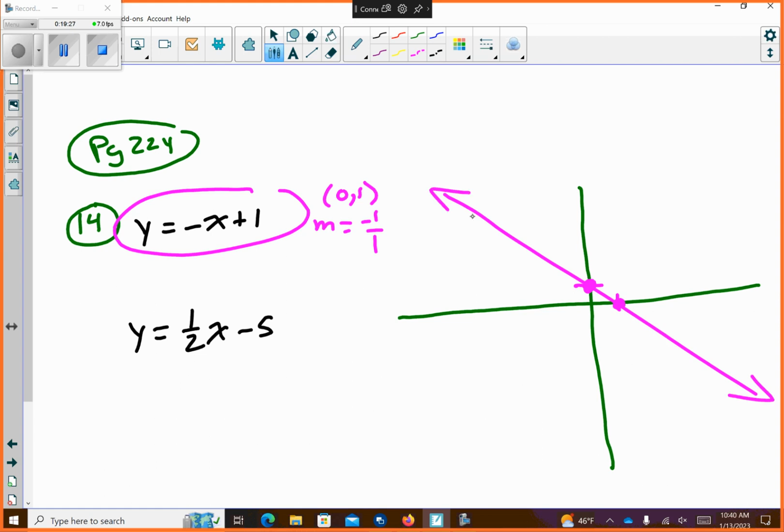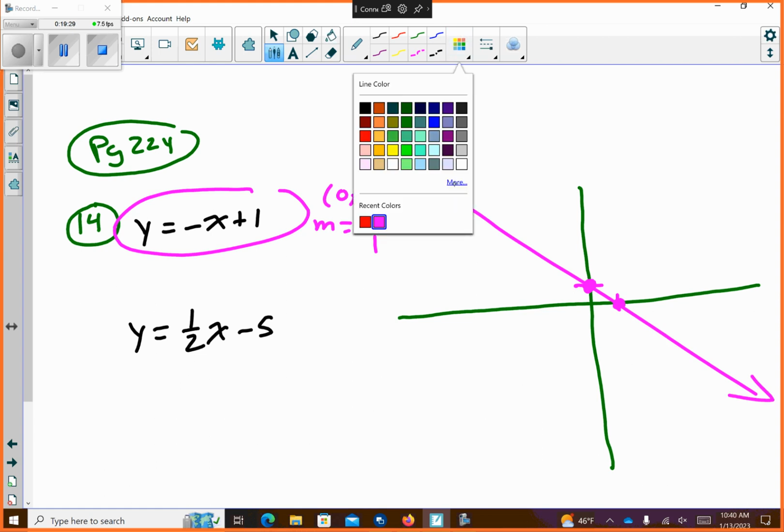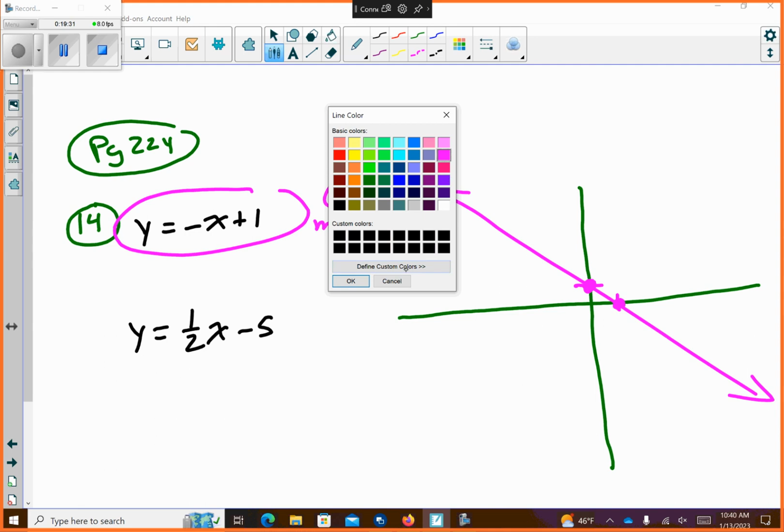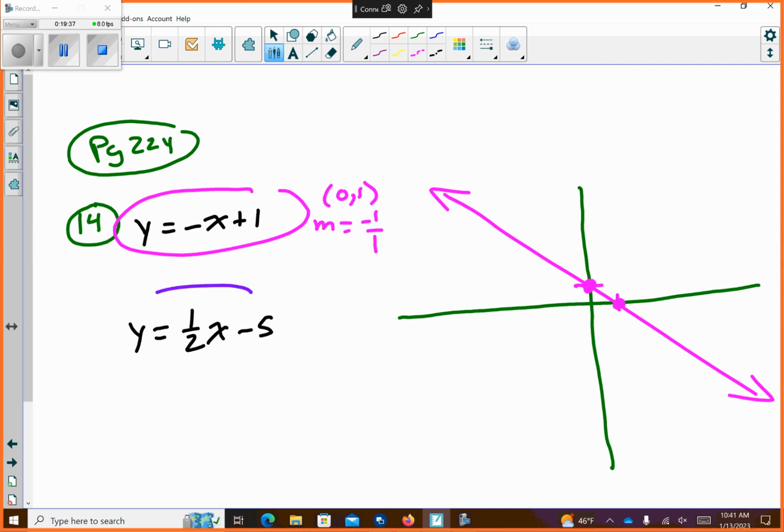Okay. I think we need another fancy color. I like that purple. Hey, what's the y-intercept of the purple? Yep, 0, negative 5. Good. What's my slope? 1/2.